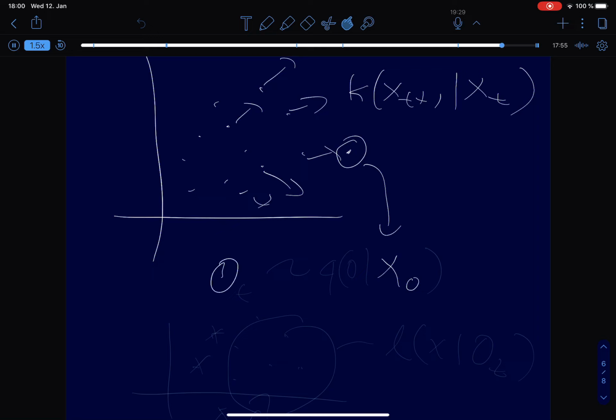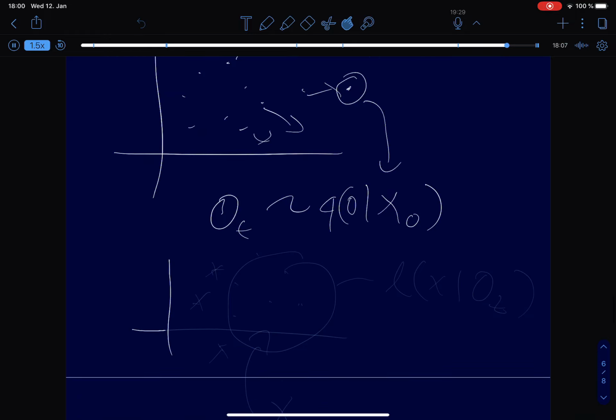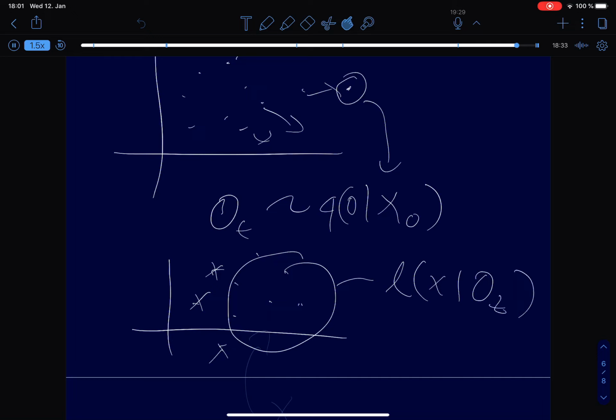So then O of t is drawn from the distribution. And then you can update your system based on the likelihood for O of t. So, right, O of t was drawn here, so the likelihood is probably centered around here. And so you kill off these trajectories based on the likelihood, so yeah, it's I guess a three-step process.